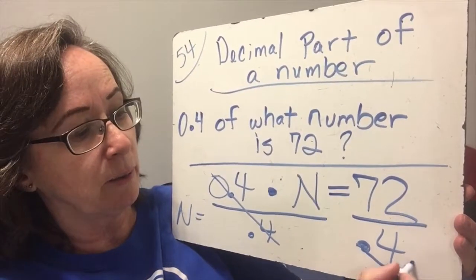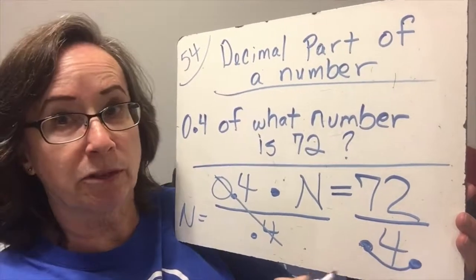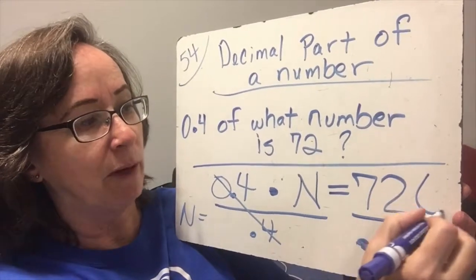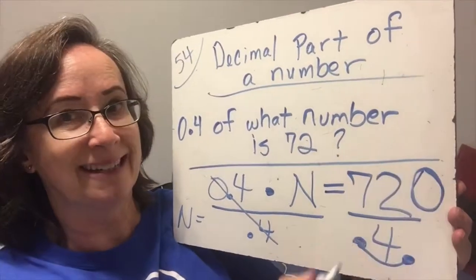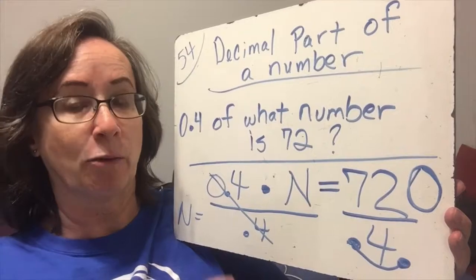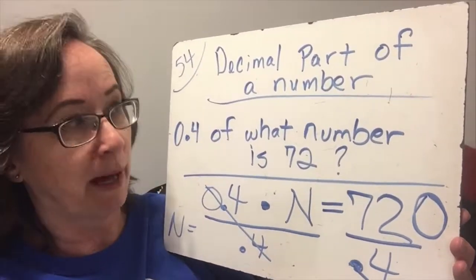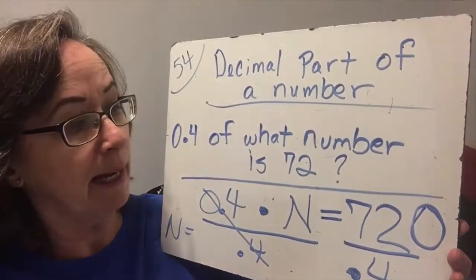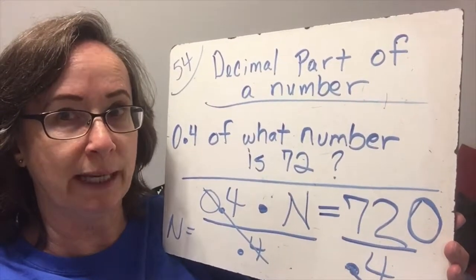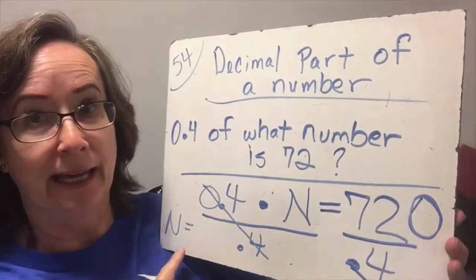So what we do is we move our decimal to the right once there, and we move our decimal to the right once on the numerator. So we basically multiplied the denominator and the numerator by 10. So now we have 720 divided by 4 is n.